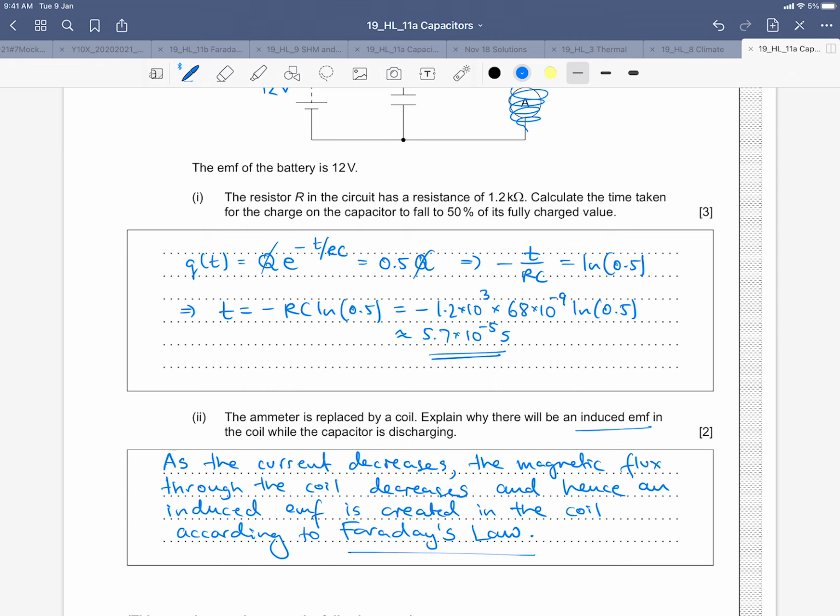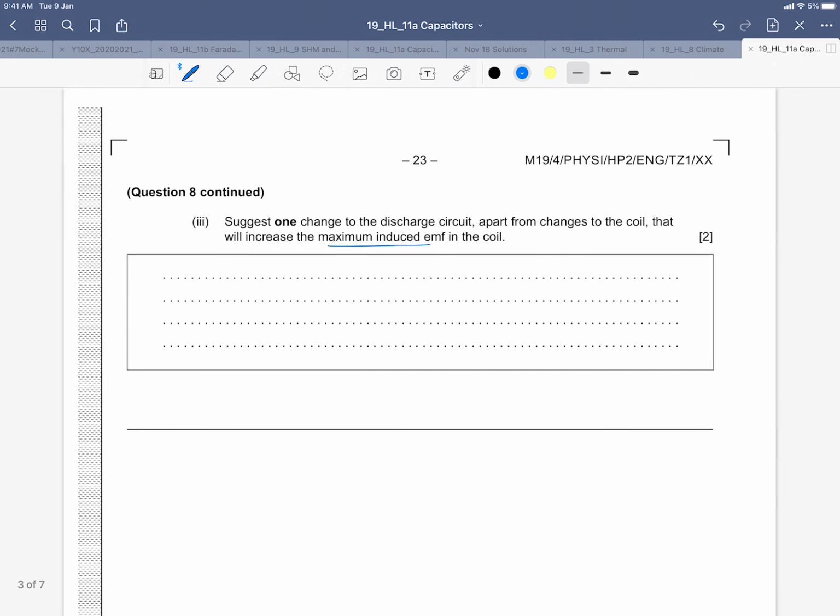So it discharges faster, and we get a larger induced EMF. So that would be one way of doing this.